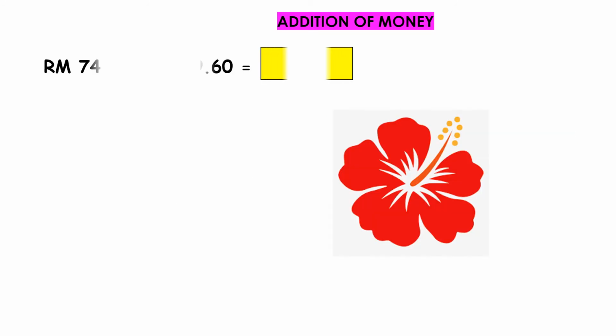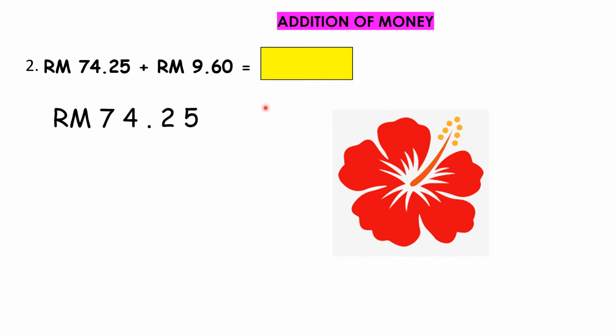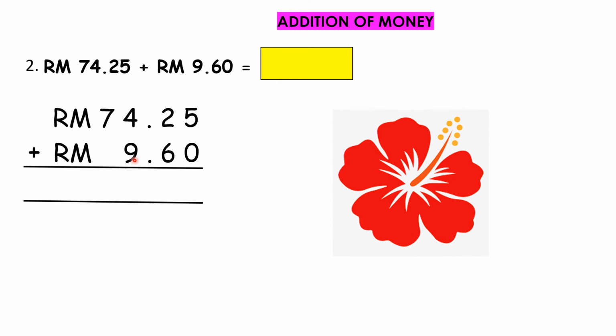We go to example number 2. 74 ringgit and 25 cent plus 9 ringgit and 60 cent. So we write 74 ringgit and 25 cent first, and then 9 ringgit and 60 cent below. So write symbol of plus and then underline.